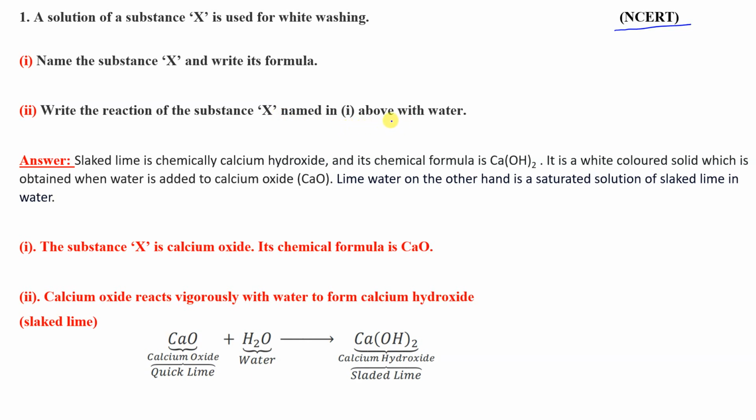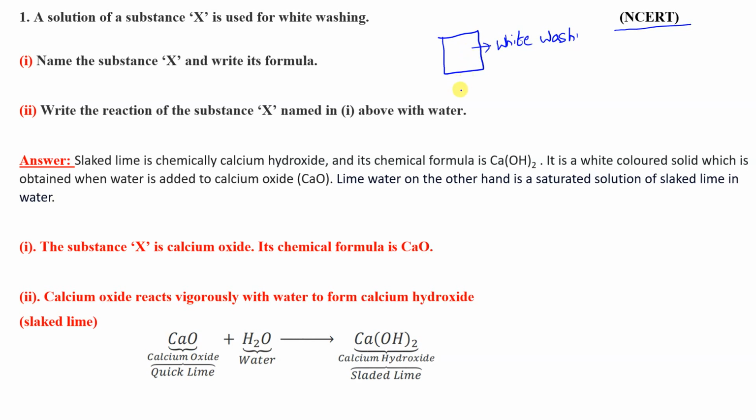Before proceeding into this question, you must know what whitewash is and what substance is used. When they construct a house, after constructing the walls, the walls are coated with whitewash. In our common language, we say sunnam. They will use whitewash.